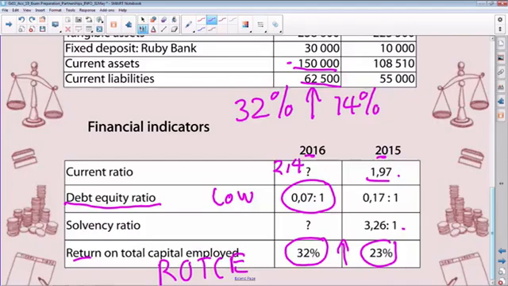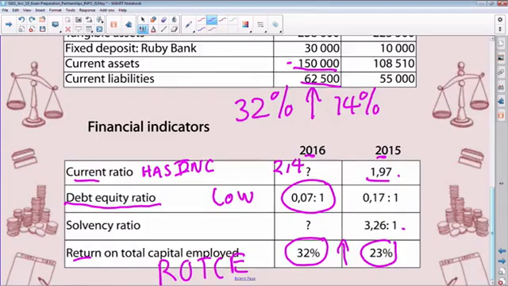So clearly, we can see that the current ratio has increased. I'm going to write the comments here, guys. The current ratio has increased from 1,97 to 2,4. Okay, now what does this mean? It means the business, based on only the current ratio, is able to pay its short-term debts. Straightforward.